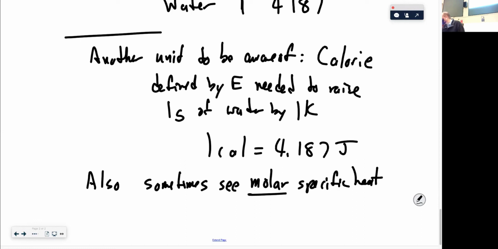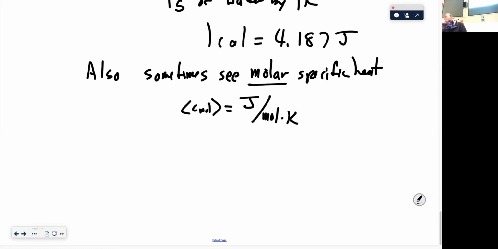And I'm not talking about your back teeth. I'm talking about, so this will be joules, so have a unit of, I'll say C mole, molar specific heat. We'll have units of joules instead of per kilogram Kelvin, it will be per mole Kelvin, right?